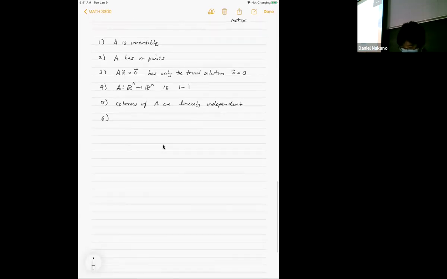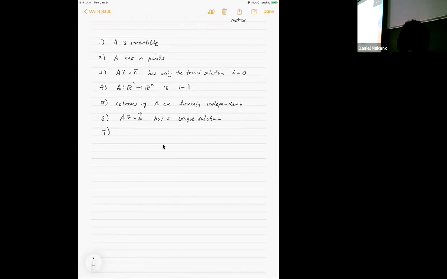Also, if you have n pivots, then if you look at the general solution, AX equals B has a unique solution.